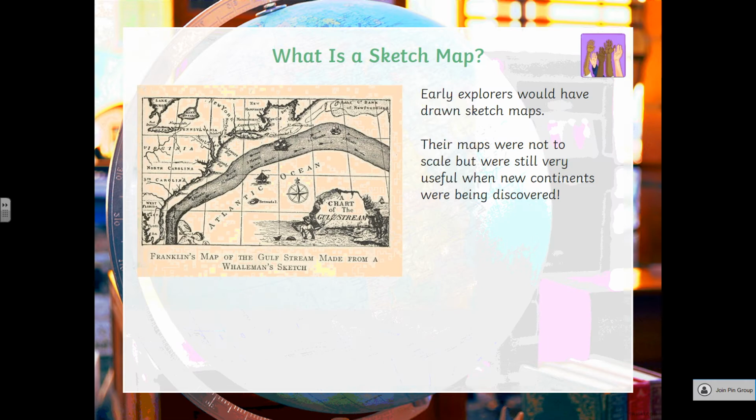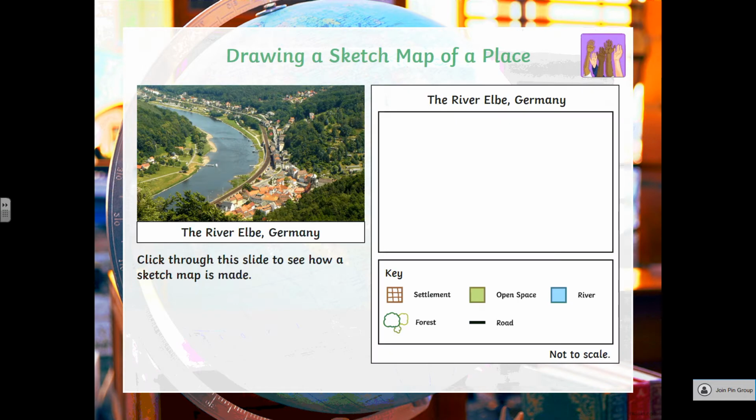So early explorers would have drawn sketch maps, people who explored the world before all of the world had been discovered. Their maps were not to scale, but they were still very useful when new continents were being discovered.